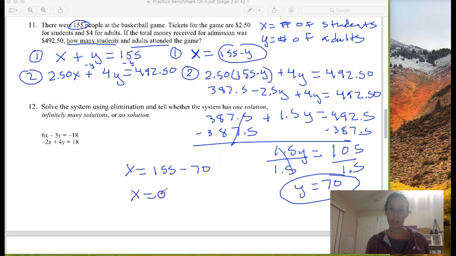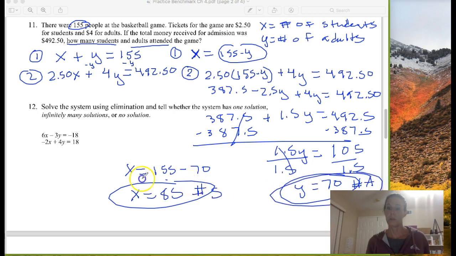So X is 85. And remember, you needed the number of students plus the number of adults to be 155. So if the number of adults was 70, you subtract that from 155 to get the number of students, which is 85. So 85 will be the number of students, and 70 will be the number of adults. And there are your solutions.